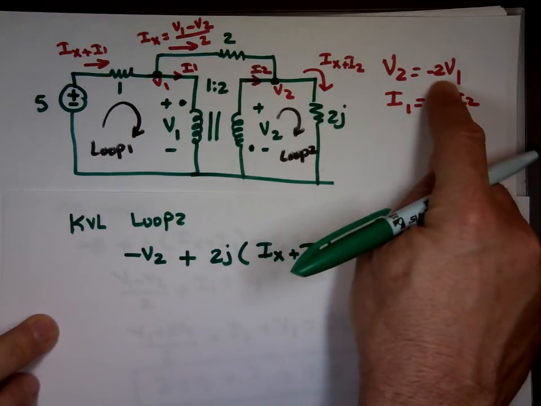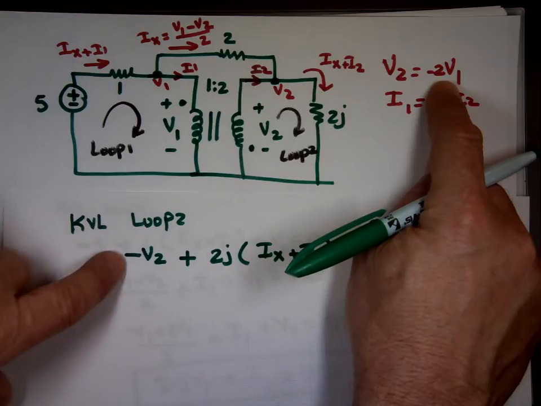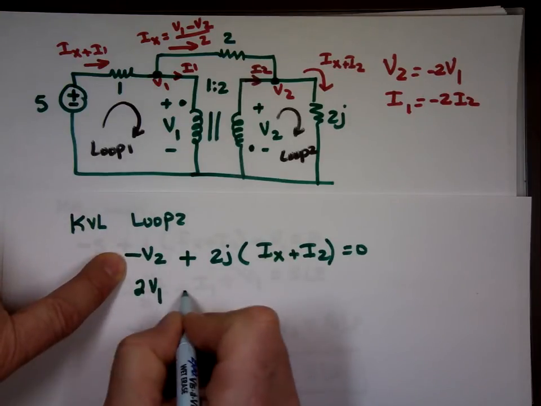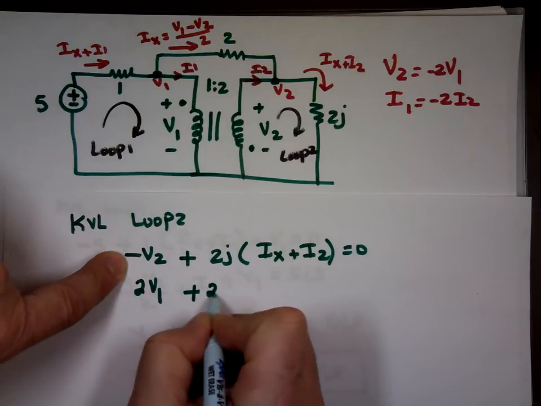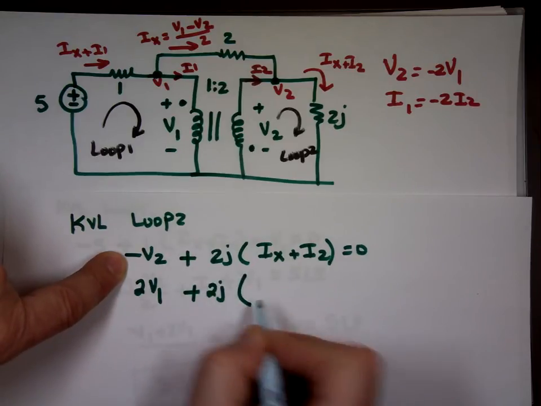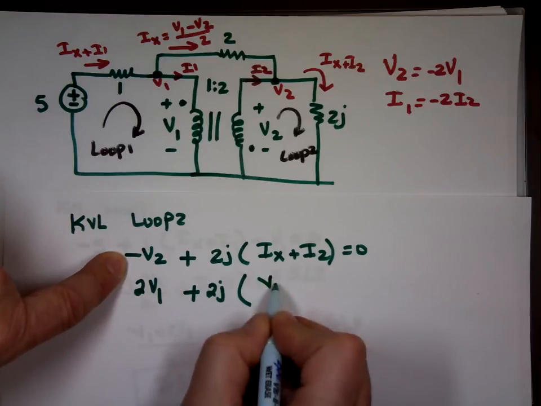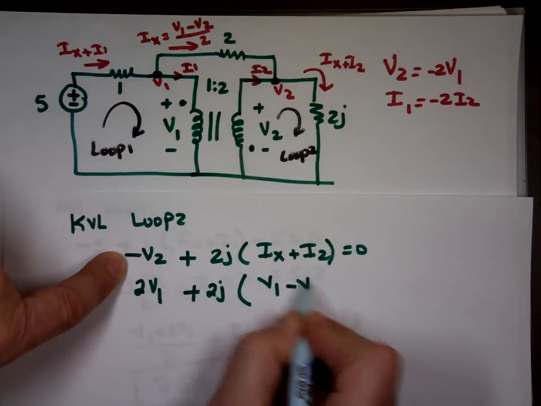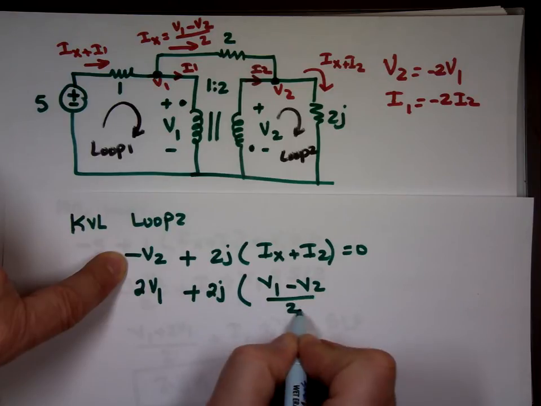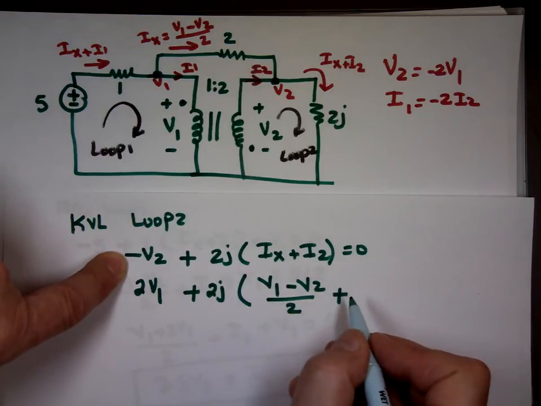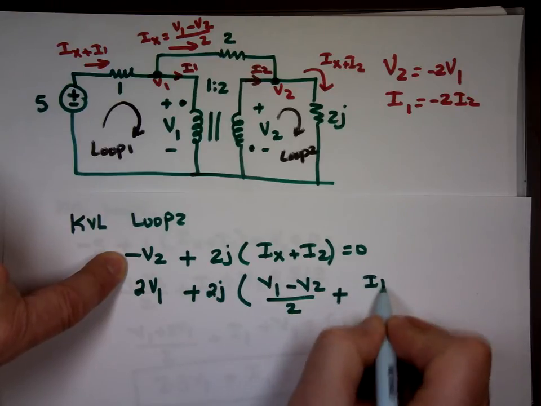So minus a minus, I'll make it 2 V1 plus 2j times I sub x, which is V1 minus V2 divided by 2, plus I sub 2. What's I sub 2? Isn't that I sub 1 over negative 2? Because I'm trying to make it one equation by one unknown.